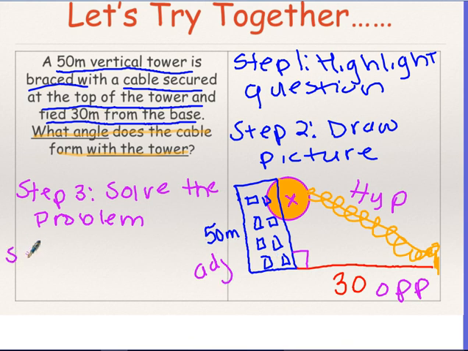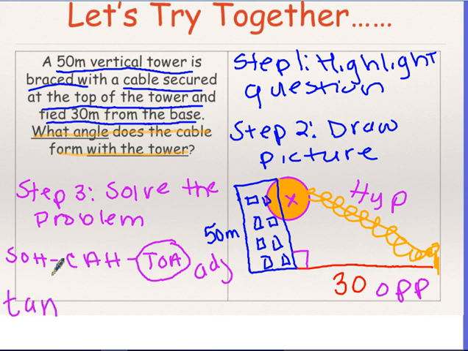So I'm going to write SOHCAHTOA on my paper so that I can see which one of these fit what I have. Well, I have the opposite and the adjacent, so it looks like I'm going to be working with tan. So if I write this out, tan of the angle, which I don't know, I'm going to call it x, equals opposite over adjacent.